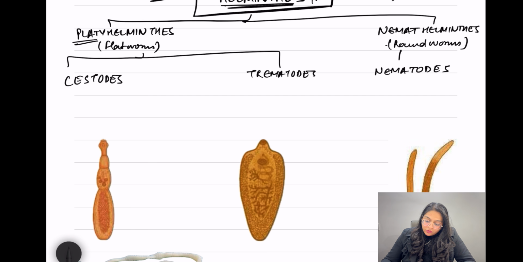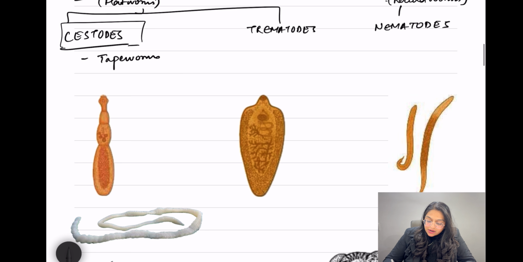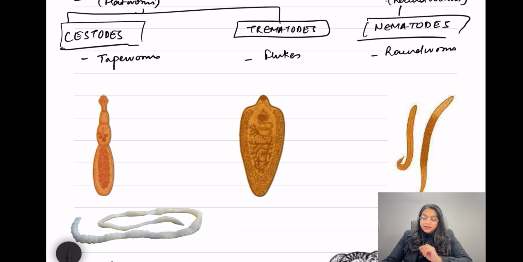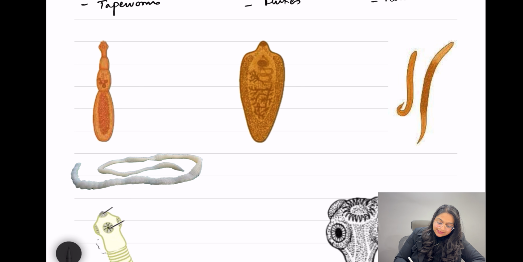Now look at these three. The cestodes are the tapeworms. The trematodes are the flukes. And the nematodes are the roundworms. These three images are the prototype images. The first, the cestode, is a flatworm, a tapeworm, and it has segments.